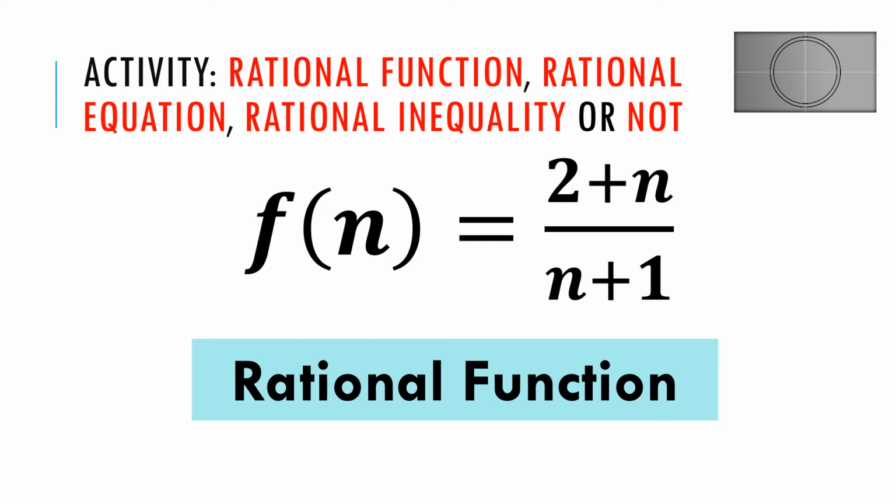A rational function is a function of the form f of x equals p of x over q of x, where p and q, or yung numerator and denominator, are polynomials. And dapat yung denominator must not be equal to 0 kasi magiging undefined siya. So pag merong mga f of n, f of x, ganon. So it's a rational function.